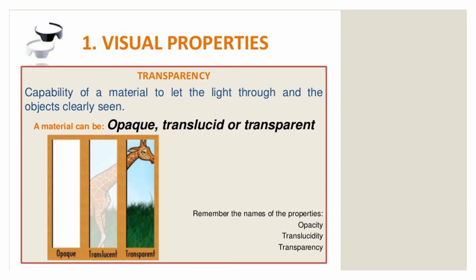In opaque, we can't see the other side, but in translucent we can see partially, or the image will be blurred, but in transparent we can see clearly. So on the basis of transparency we can divide materials into three different types: opaque, translucent and transparent. So this is transparency.